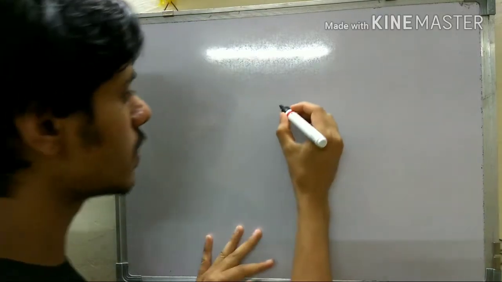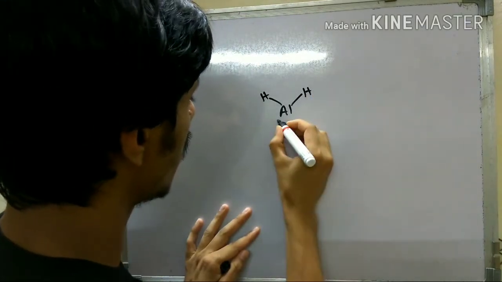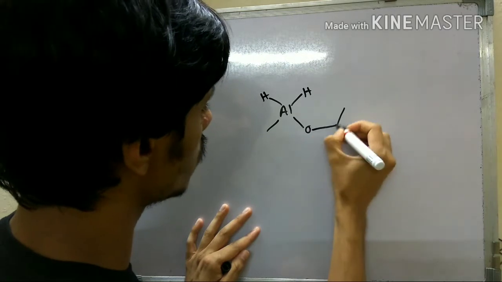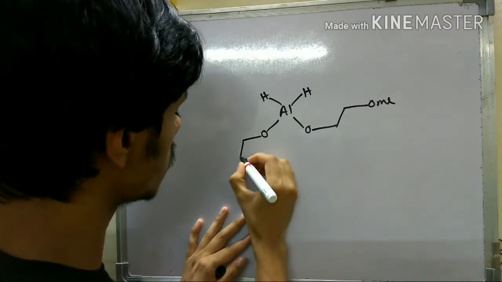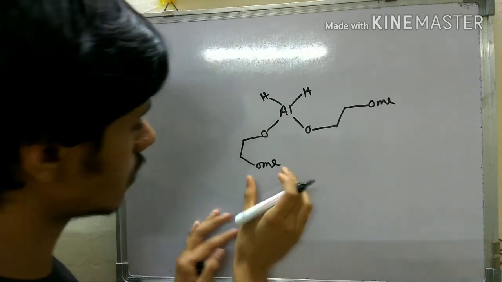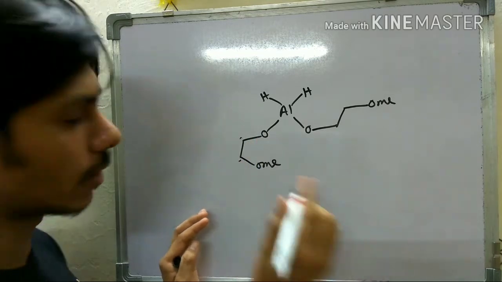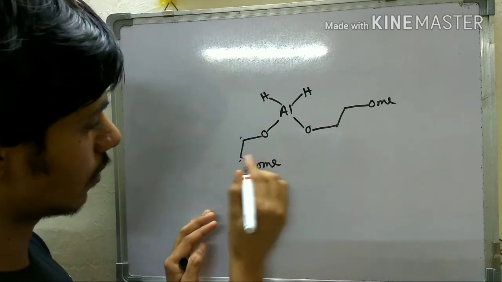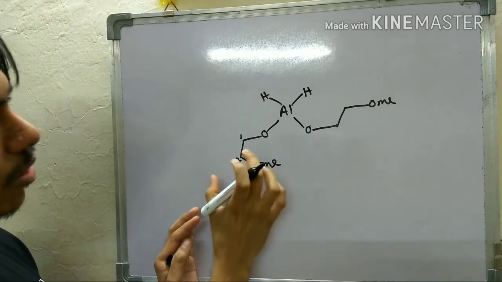So Red-Al is basically this reagent. On aluminium you have two hydrides, and here you have this group which is called the 2-methoxyethoxy group. You can see this is an OMe group, so this is methoxy, and this is ethoxy, meaning two carbon atoms. You can number it 1, 2, so it is called 2-methoxyethoxy group.